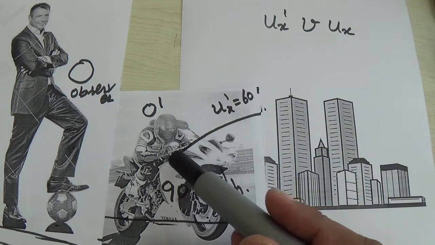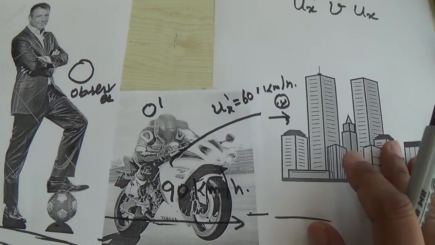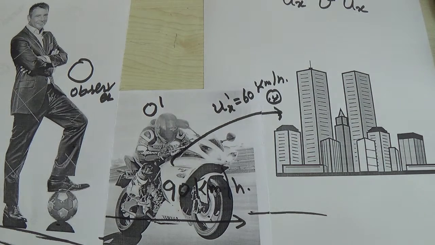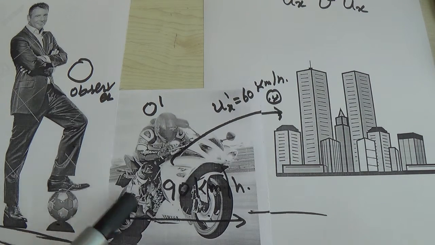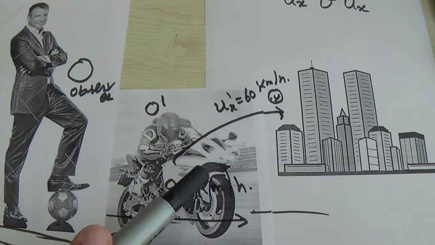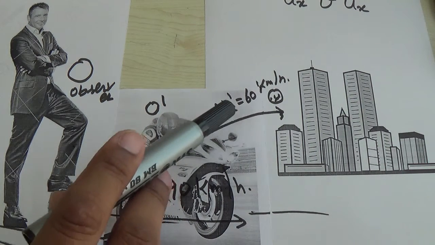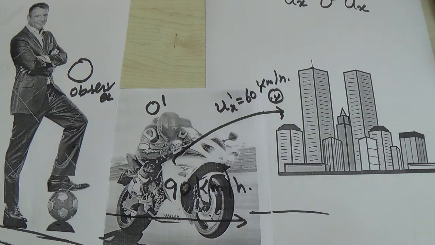Now the point is, instead of using this bike, I can use a spacecraft, and this spacecraft fires a rocket, right?